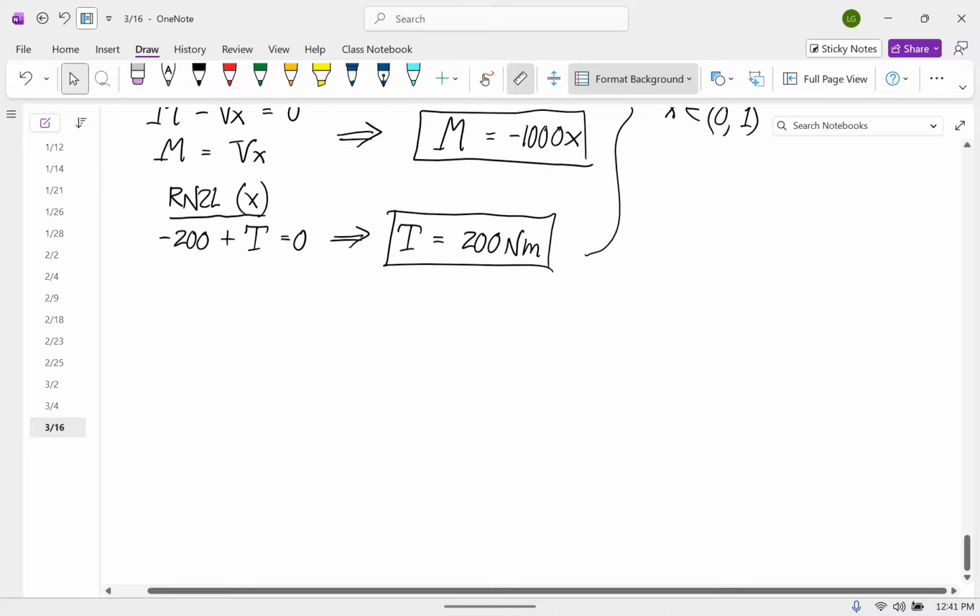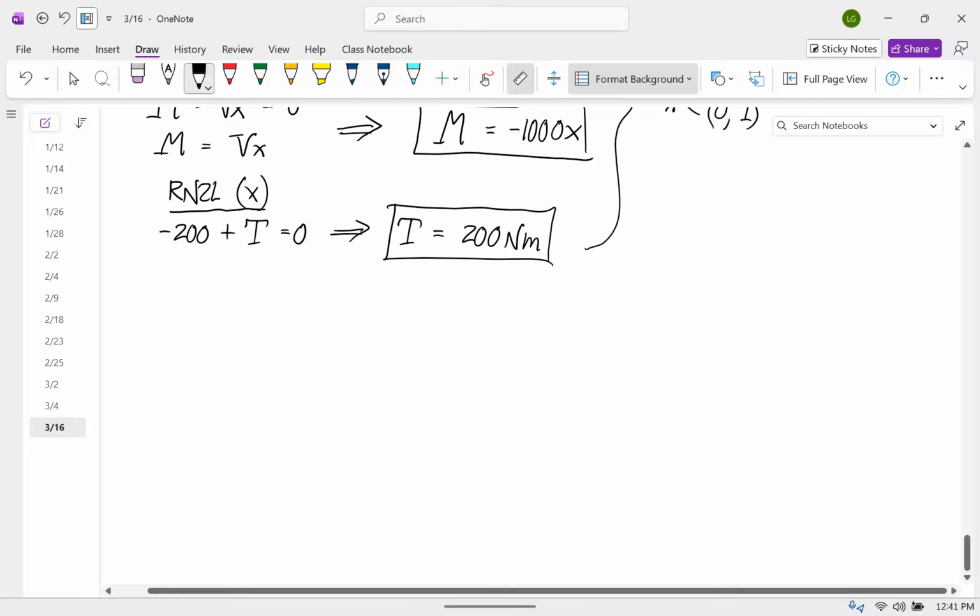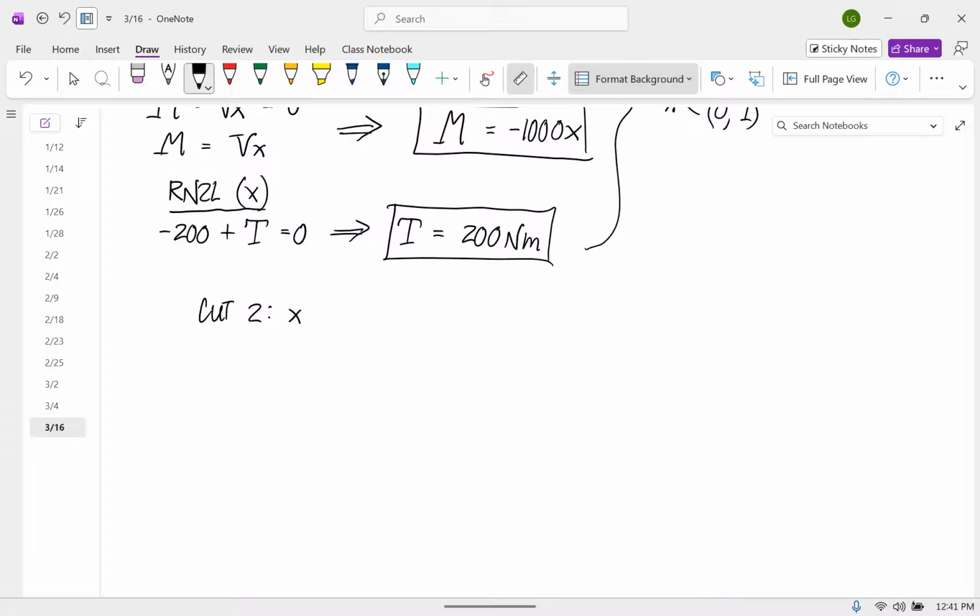Okay, now we have to do our second cut. What's the range of x that this is valid for? 1 to 2, yep.